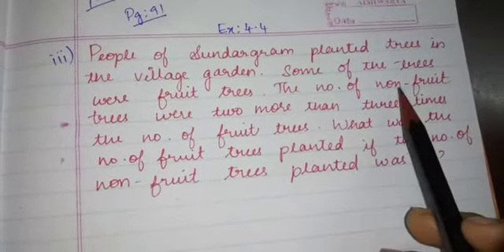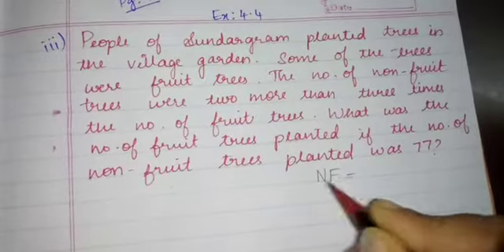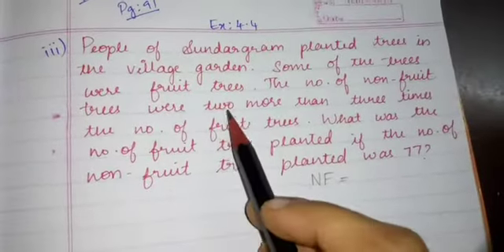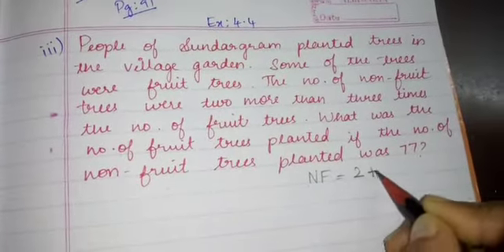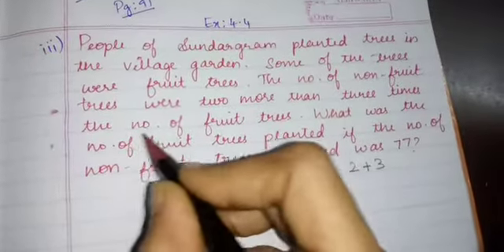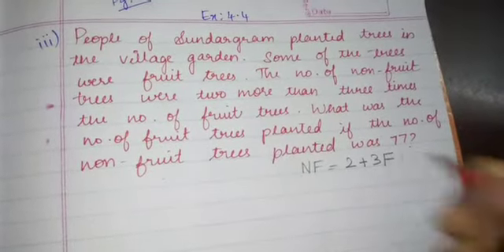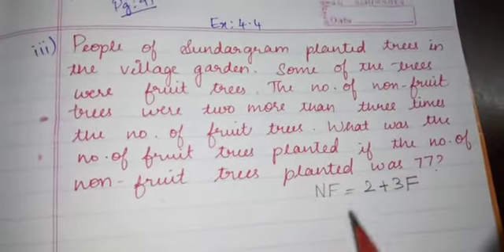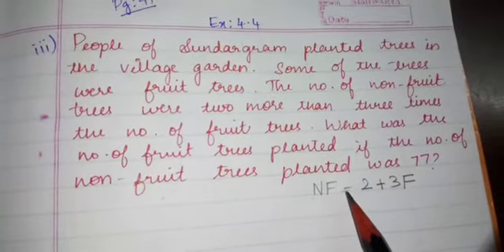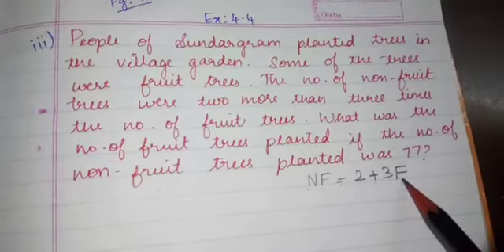The number of non-fruit trees, okay, non-fruit trees were 2 more than 3 times the number of fruit trees. Okay, what are they saying? The non-fruit trees is 2 more than 3 times the fruit trees.